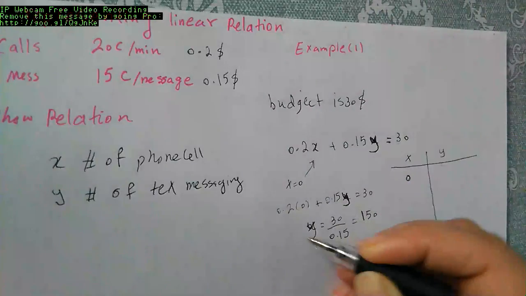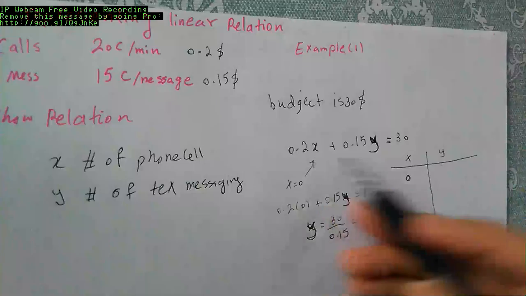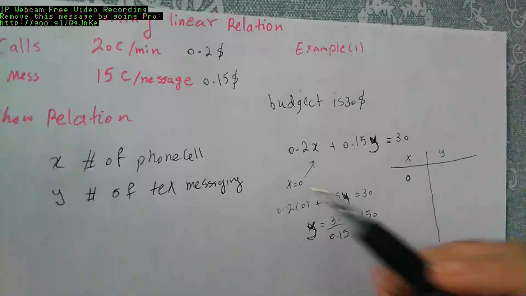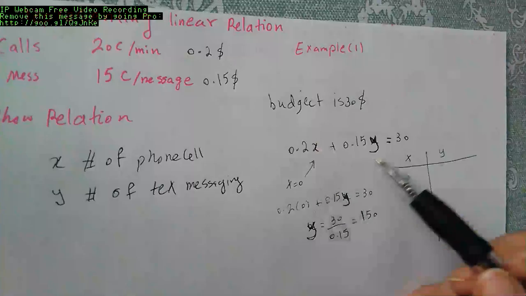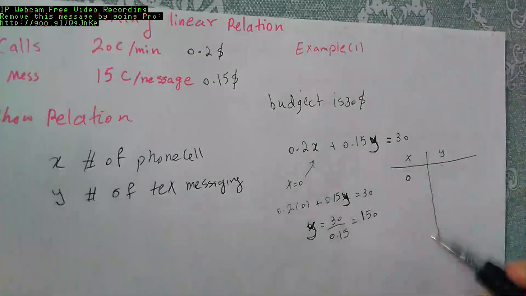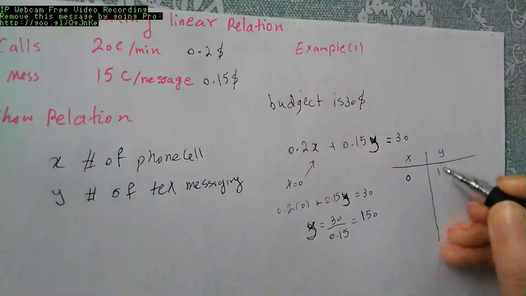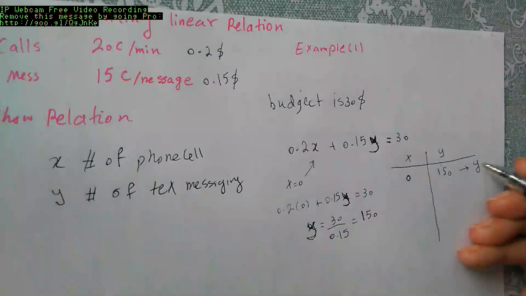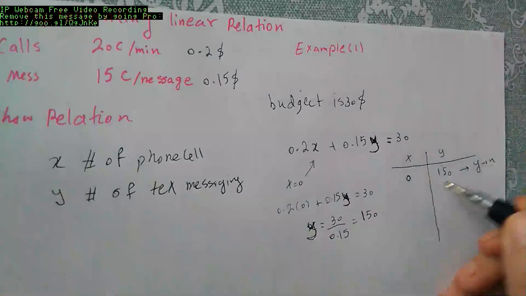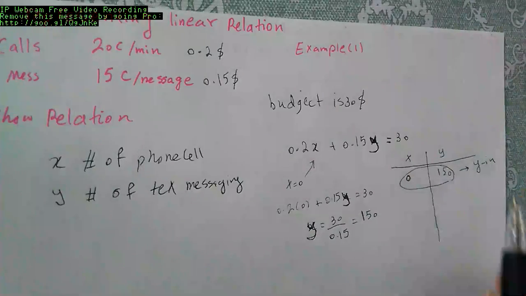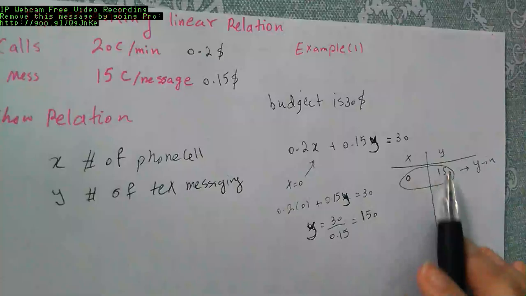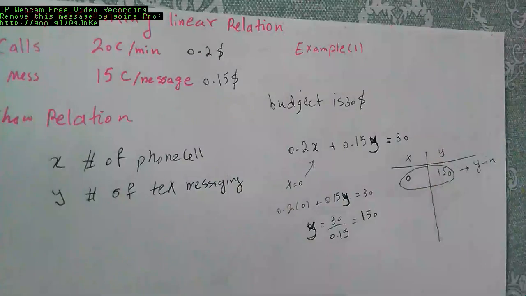Again, 0.2x plus 0.15y is 30. Instead of the x, you put 0, meaning you're not doing any phone calls. You want to see how many text messages you can send. It's going to be 150. So we call this one the y-intercept. Y-intercept means when you have no x value, at what value of y it intercepts the y-axis.